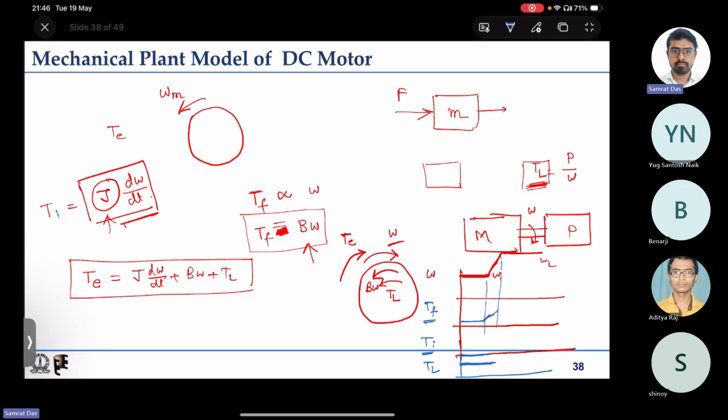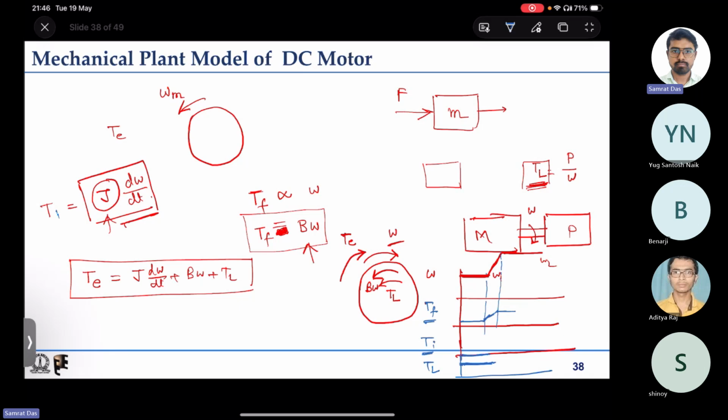It will basically scale up. These things are not to scale because frictional torque will be a very negligible quantity of the whole torque, but I am only showing them exaggerated to get a sense of what is happening.